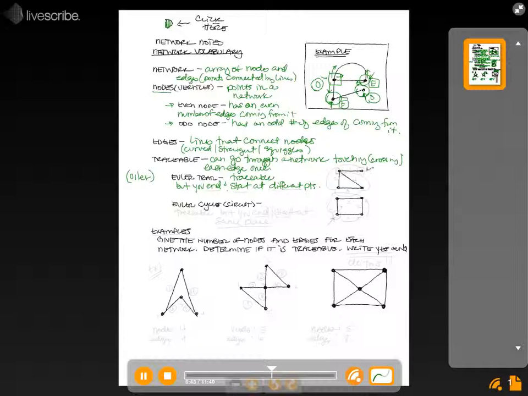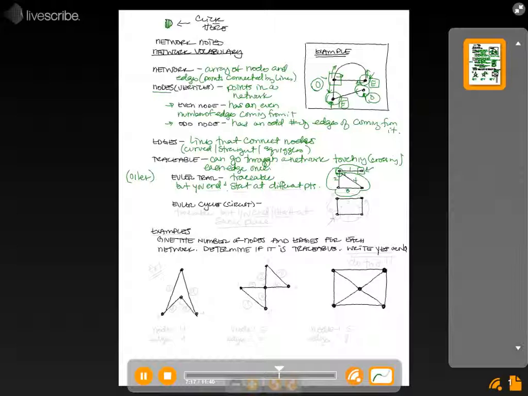And we can start here, and we can work our way around so that we touch each edge once. We cross this one first, this one second, this one third, this one fourth. We've crossed each edge once. Now, we did visit this node twice, which is okay. That's fine, but we want to check and see if we can cross each edge once. That's what it means to be traceable. And then to be an Euler trail, we started at this point, but we ended at a different one. We started here, but we ended over here. We started and ended at different points.